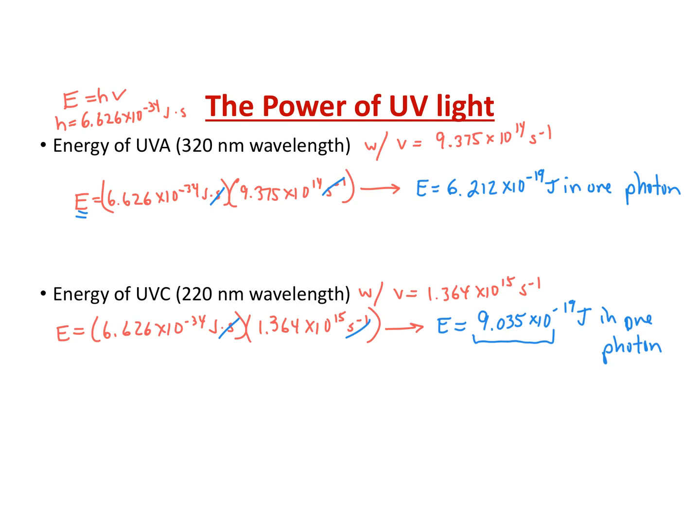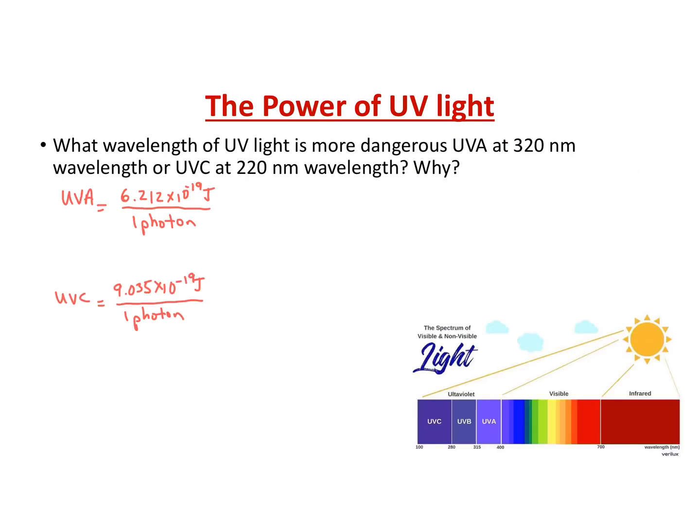I wonder how much energy that is in a mole of photons. So the last question we're trying to answer is, which wavelength of UV light is more dangerous, UVA or UVC? And that kind of also gets to the fact of why is UVC used to sterilize and disinfect surfaces.